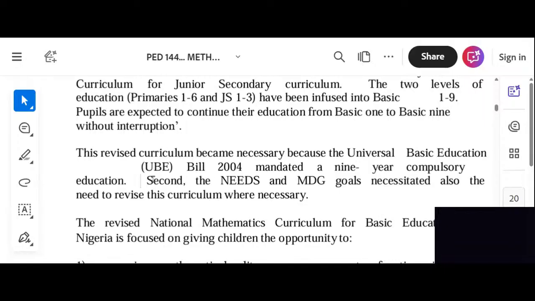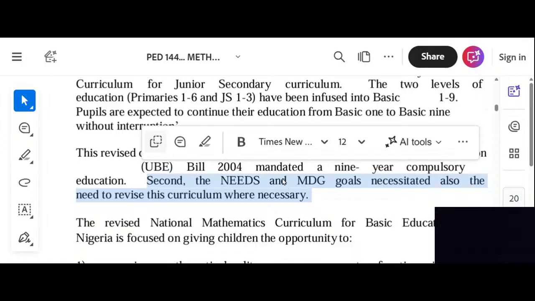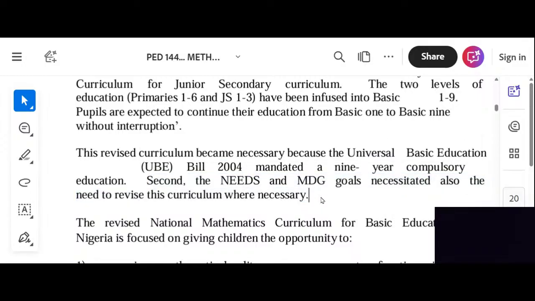The second thing is the needs and MDG goals, which also necessitated the revision of this curriculum where necessary.